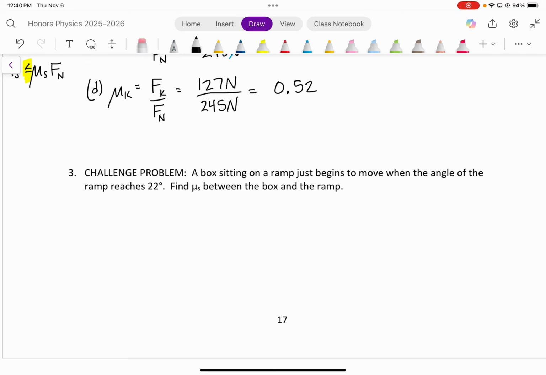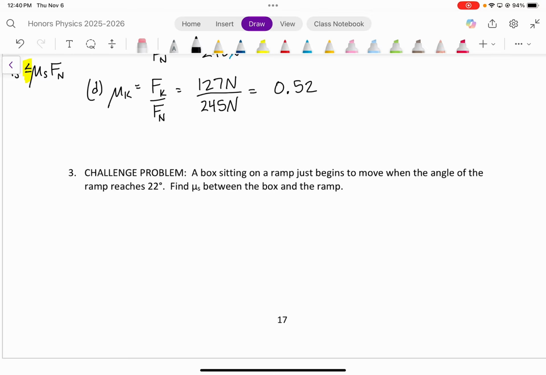So how could I determine, and we're not going to do kinetic friction because it gets a little bit more complicated, but how could I determine the coefficient of static friction between this block and my wooden ramp?